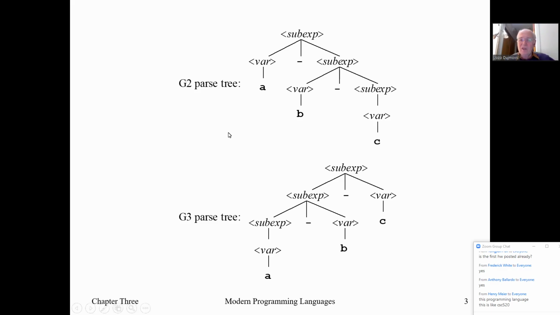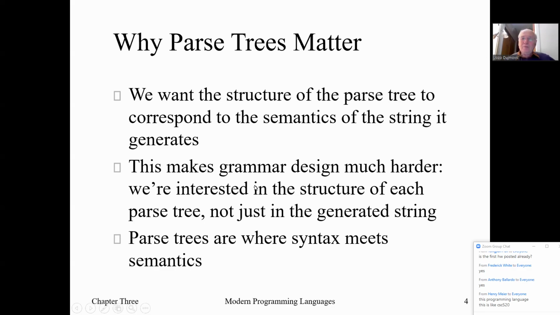they affect each other. So we want the structure of the parse tree to correspond to semantics of the string, not just to have syntactically correct strings, which is good for lexical analyzer and syntax analyzer, but semantic analyzer must be also satisfied.